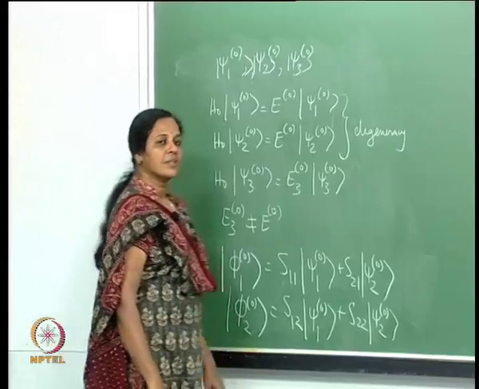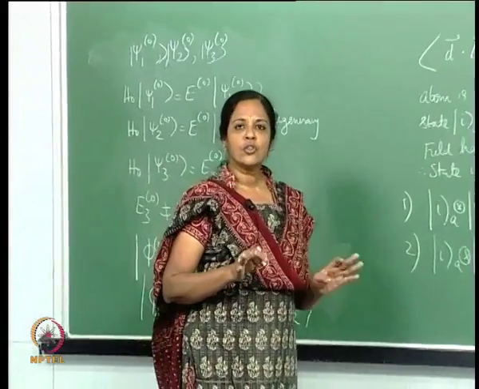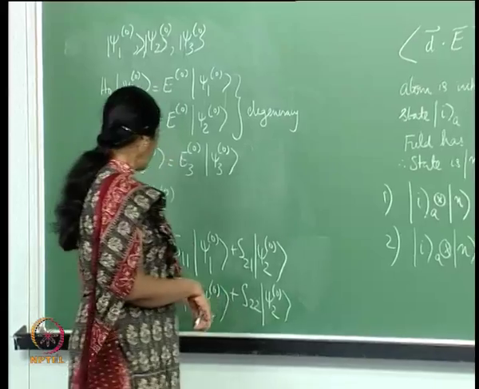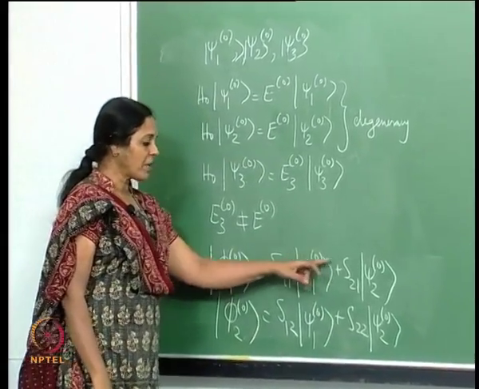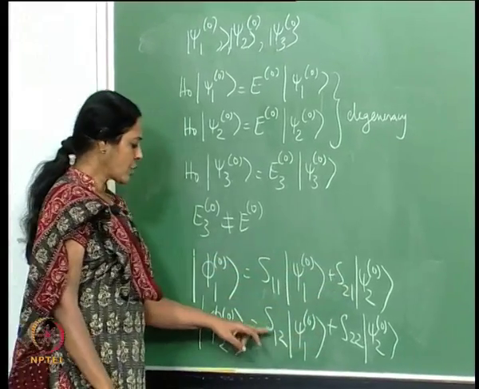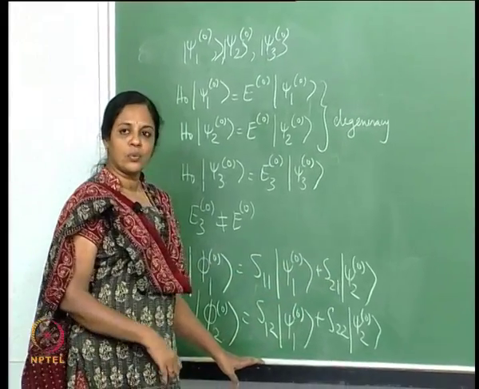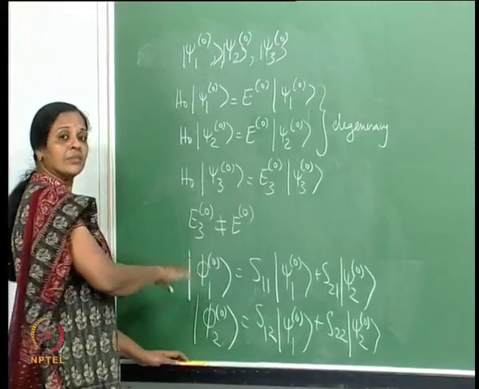These 2 states are taken to be orthogonal to each other and they are normalized states. So, S 1 1 squared plus S 2 1 squared is 1, S 1 2 squared plus S 2 2 squared is 1. So, these are normalized to unity.